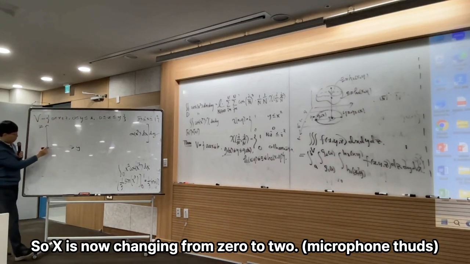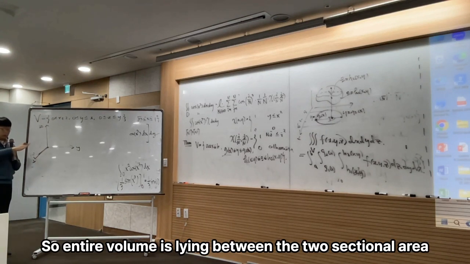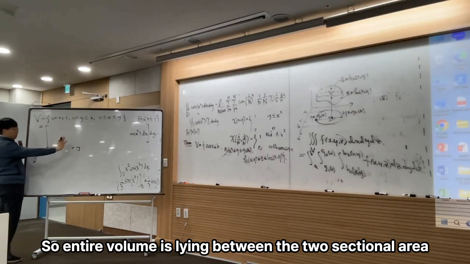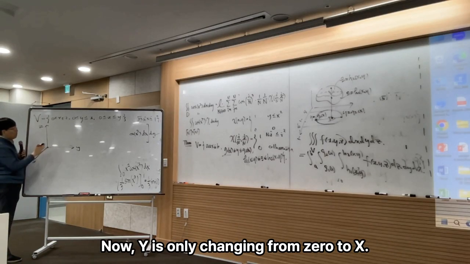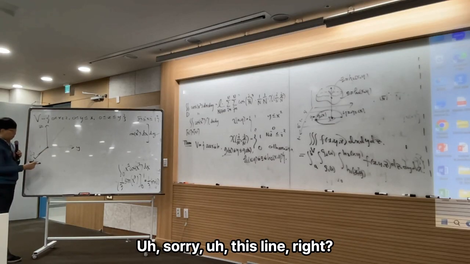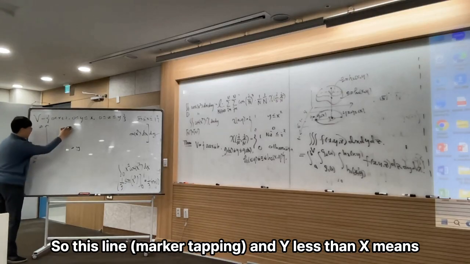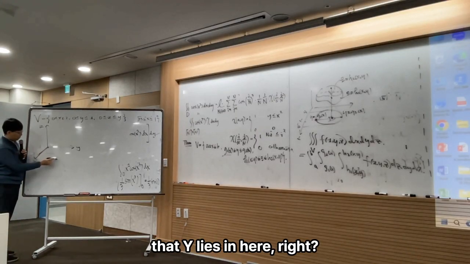So x is now changing from 0 to 2, so it can move freely here. The entire volume lies between the two sectional areas when x equals 0 and x equals 2. Now y is only changing from 0 to x. So y equals x is this line, right? And y less than x means that y lies in here.